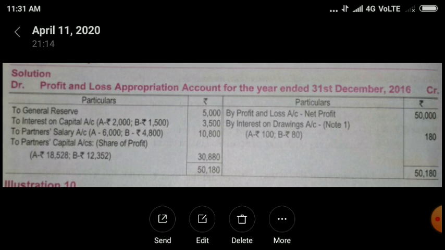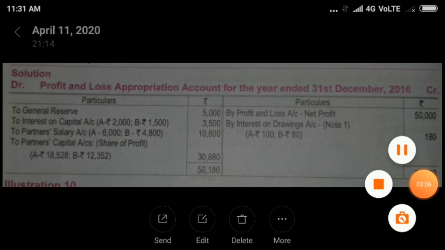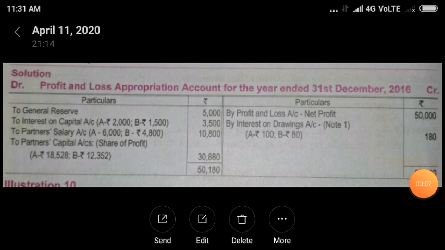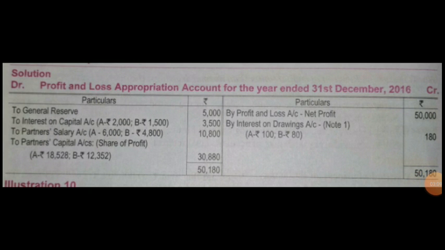Rather, general reserve is provided for any problem in future, any contingencies in future. When required, this general reserve will be used to meet such contingencies. So general reserve is entered in profit and loss appropriation account.